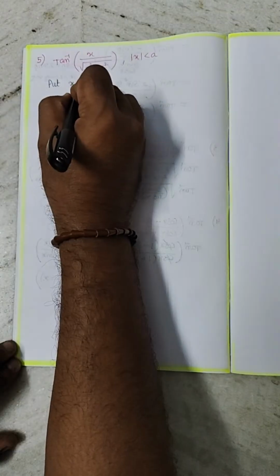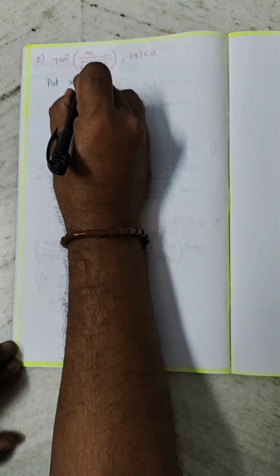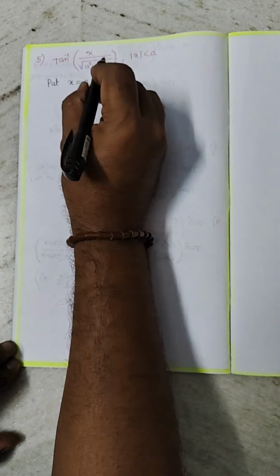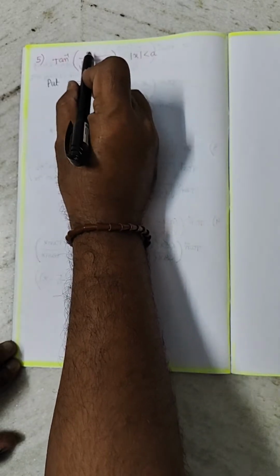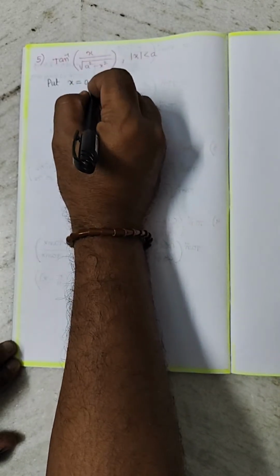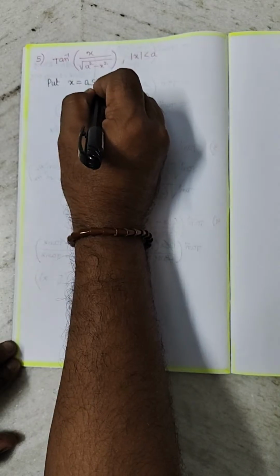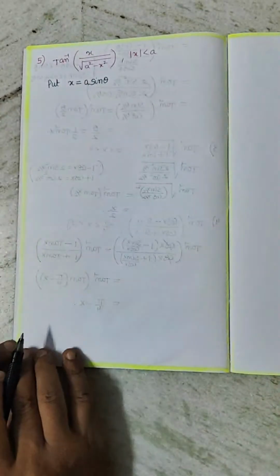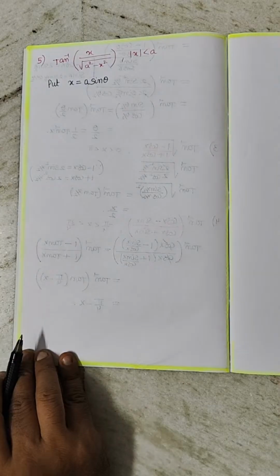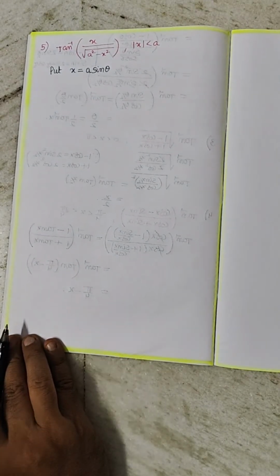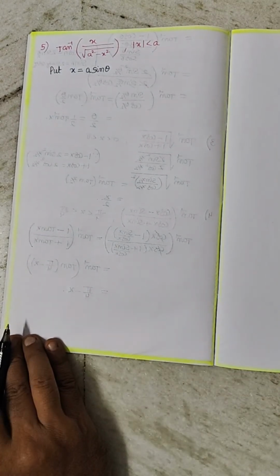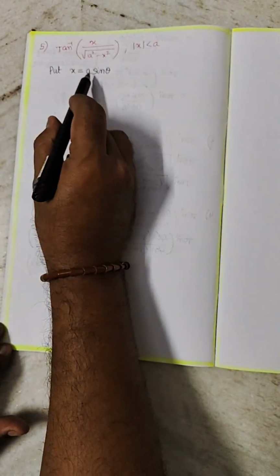x is equal to, here a square is there, so a will come. For the numerator it must be sin or cos only, so x must be a sin theta. If you take cos theta, it won't work. Why? Because cos theta by sin theta is cot theta, and again we would need to convert cot theta in terms of tan. It will take time. So x is equal to a sin theta.